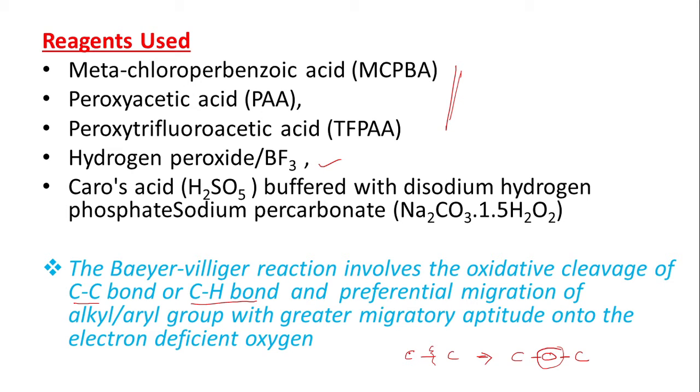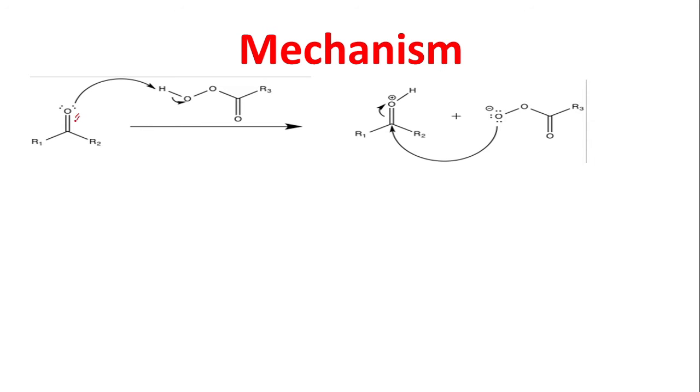Okay, so now we will go for the mechanism. This oxygen has a lone pair. Now this lone pair will abstract the hydrogen from the peroxide. So we are using this oxidizing agent, and this oxygen will abstract hydrogen from it. After abstraction of the hydrogen, this oxygen will get a positive charge because its electron is donated to the hydrogen.